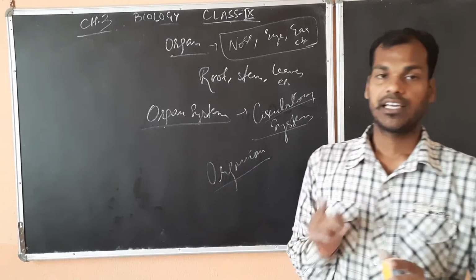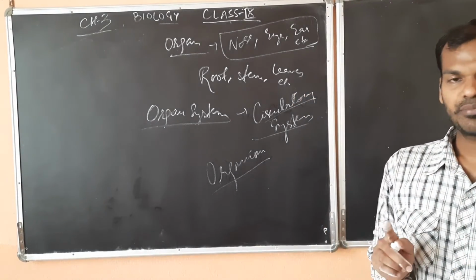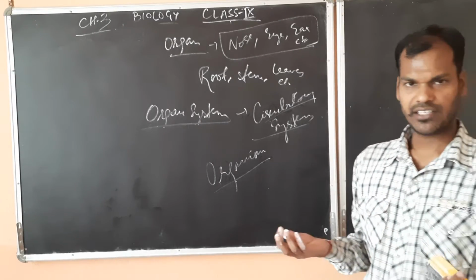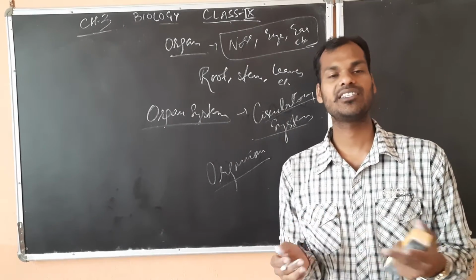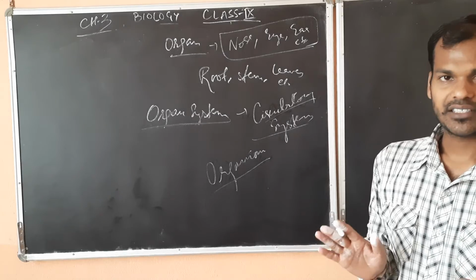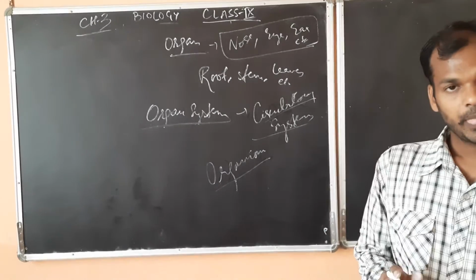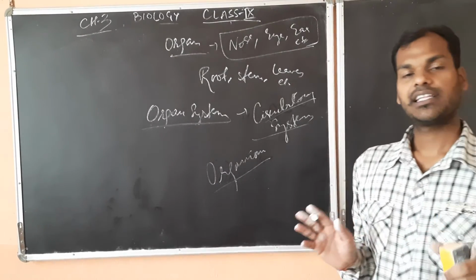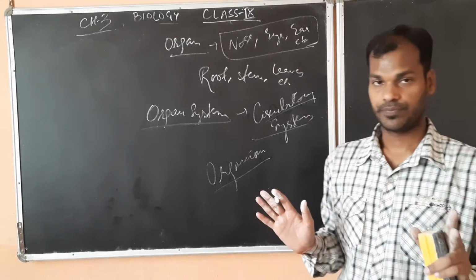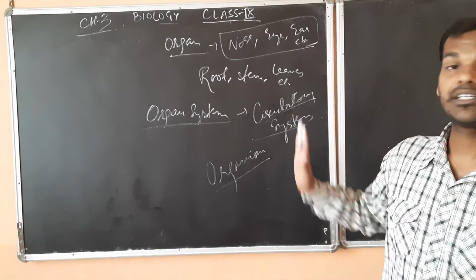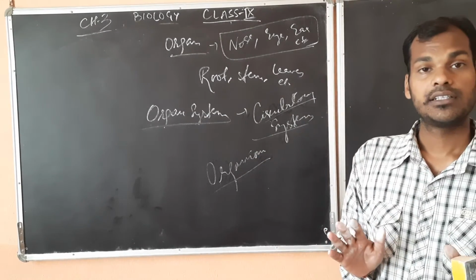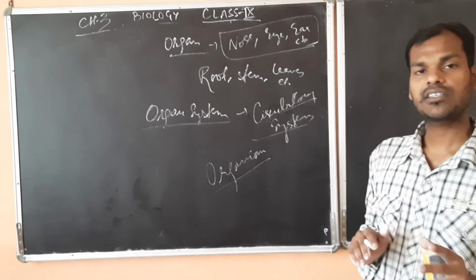Example I am taking, if your circulatory system is not working, suppose by chance due to any disease or any circumstances, if it is not working, your respiratory system will never say that today I will do your work also, because there is division of labor. Okay, so this is against the rule.